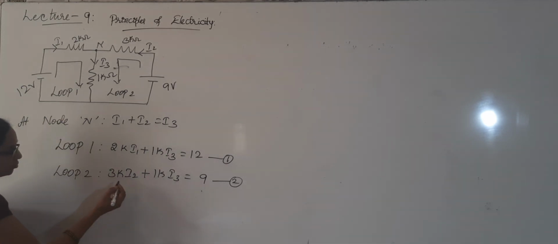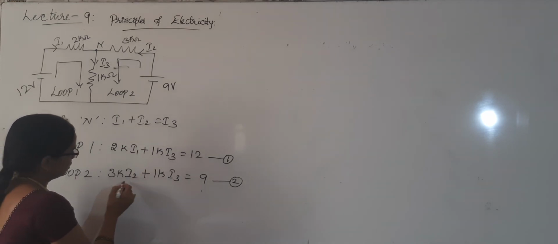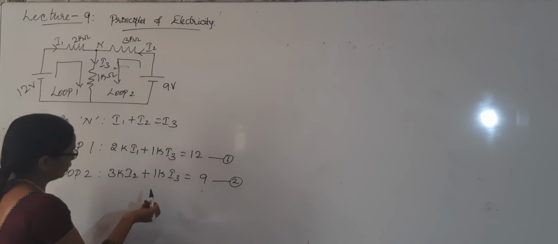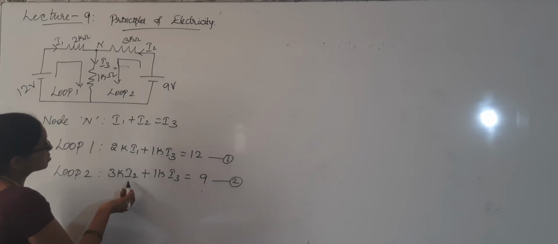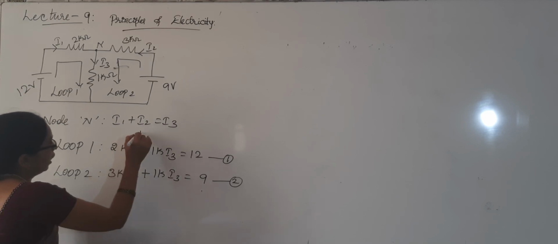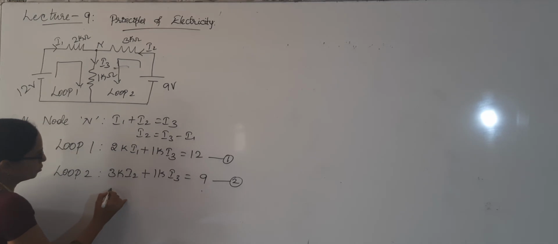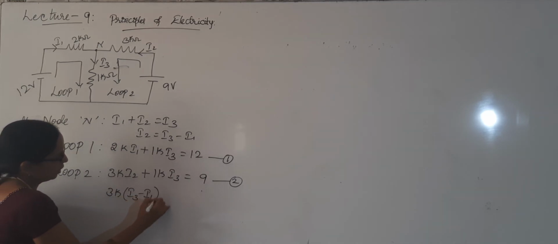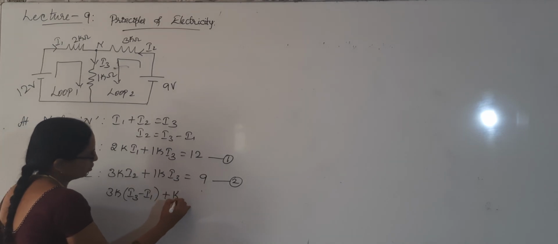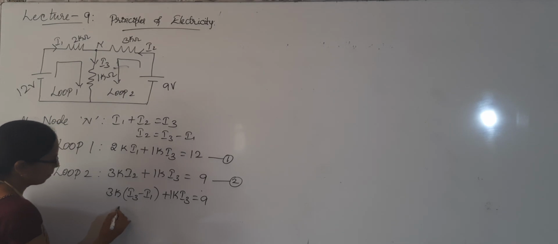Now we'll solve it for equation 2. We have I2 and I3, so I2 is a new one. I will replace I2: I2 will be equal to I3 minus I1. So 3 kilo into (I3 minus I1) plus 1 kilo into I3 is equal to 9.